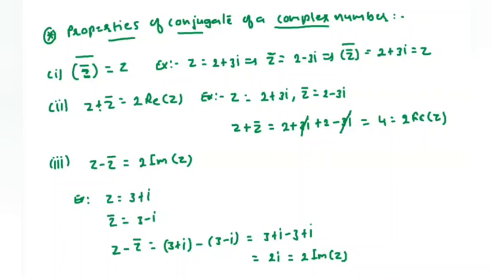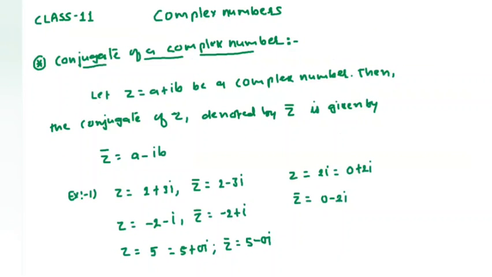Okay, I gave you one example while giving the examples of conjugate of a complex number. Look at this example. Here z is equal to 5 we have taken. That is equal to 5 plus 0i, and z bar is 5 minus 0i, which is again 5. So z and z bar are equal. Okay, that implies z is purely real. Clear?